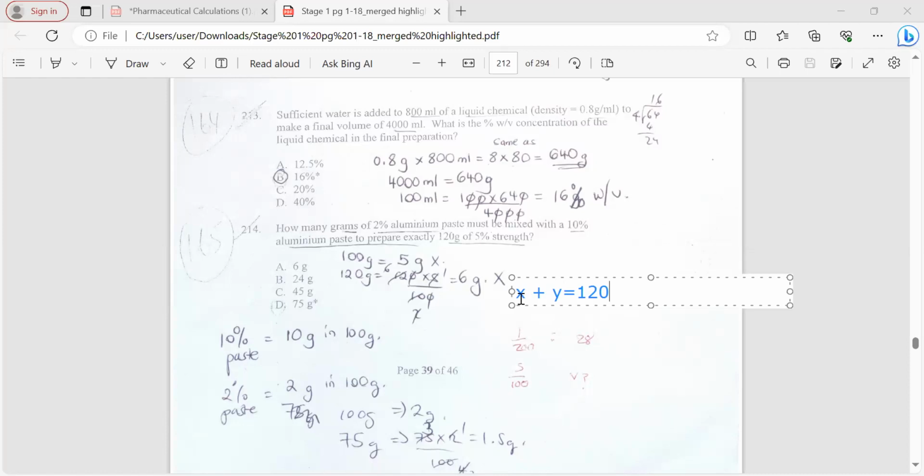So we can do 0.02x plus 0.1y, maybe, is equal to 2400.